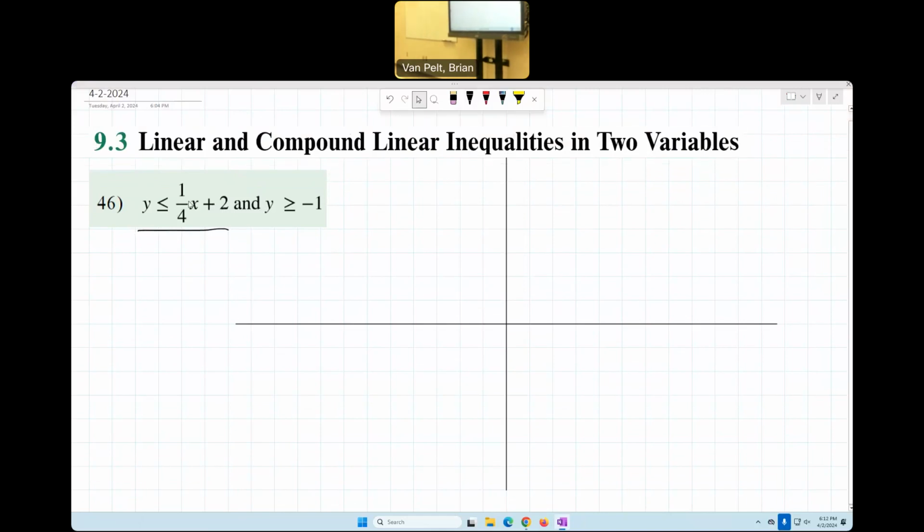So let's start here. 1/4 x plus 2. Tell me, where should I lay down my initial dot? On the y-intercept, up 2. So starting here, go up 2 units. Yes, 1, 2. Now, solid lines everywhere here because we have less than or equal to. How do I proceed from that location? To the right 4, 1, 2, 3, 4.